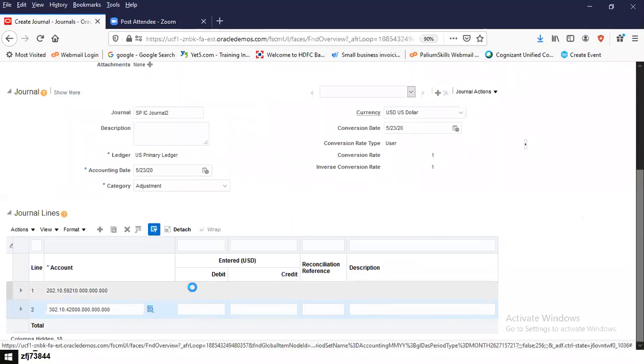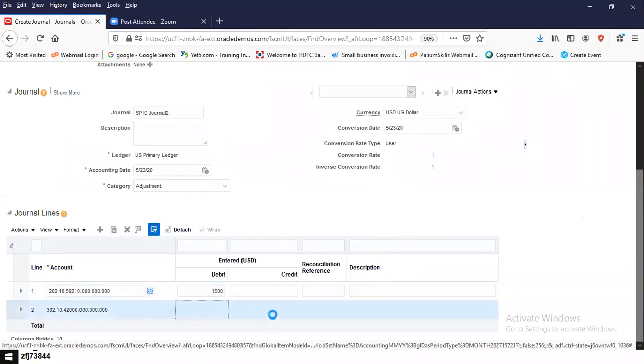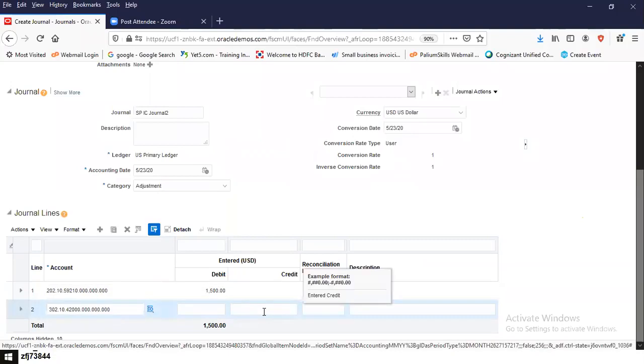Oh, I forgot to enter the amounts. So let's make this 1500. In this particular case, if you see, the companies are different, which means the intercompany accounts have been generated at the ledger level. The ledger is the same.